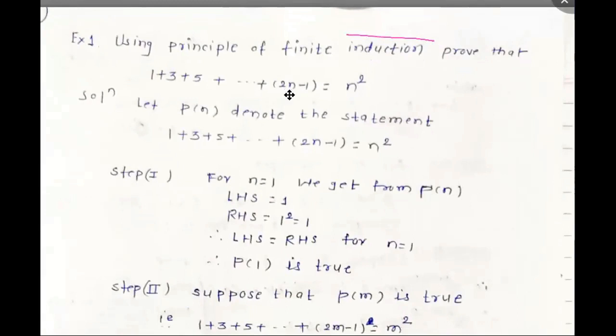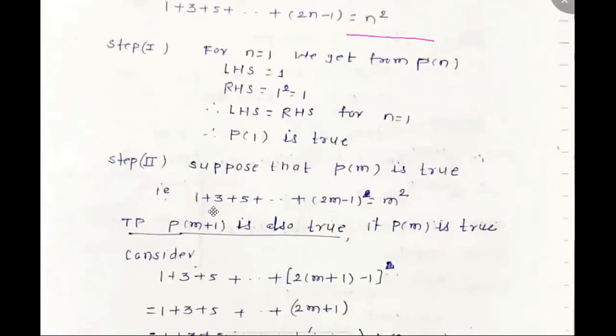Here we put n equal to m plus 1, so you will get 2 into m plus 1 minus 1, which will be the last term in P(m plus 1). So if P(m) is true, that is 1 plus 3 plus 5 up to twice n minus 1, we replace n by m, so we get twice m minus 1 is equal to m square, that is, P(m) is true.